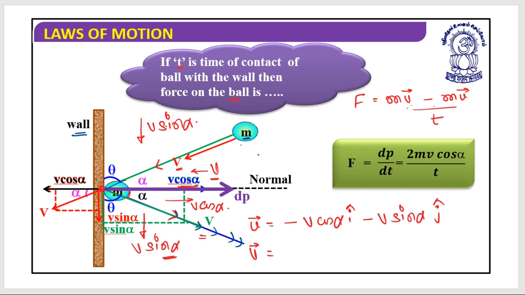So the final velocity is plus v cos alpha i cap, moving in the positive x direction, and again minus v sin alpha j cap in the negative j direction. So if you subtract now, v minus u, you get 2mv cos alpha by t.